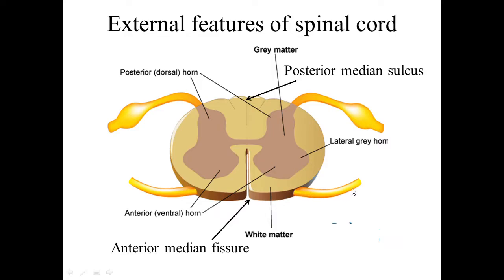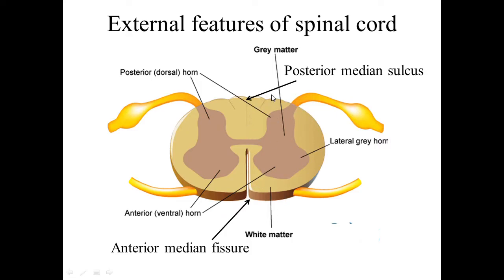Similarly, on the posterior aspect, there is the posterolateral sulcus, and it receives the entry of the dorsal root of the spinal nerve. So there is the anterior median fissure, the posterior median sulcus, the anterolateral sulcus, and the posterolateral sulcus.